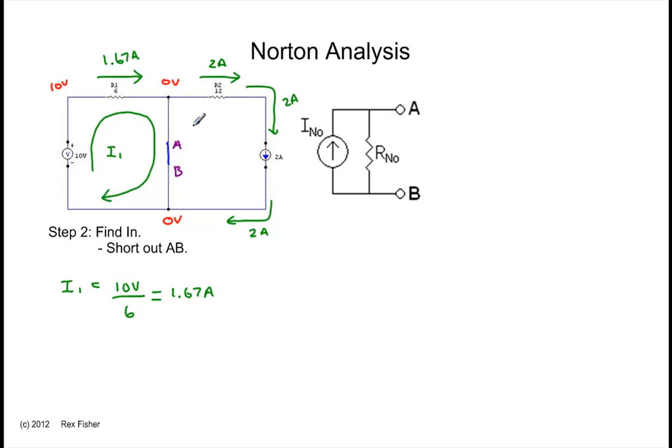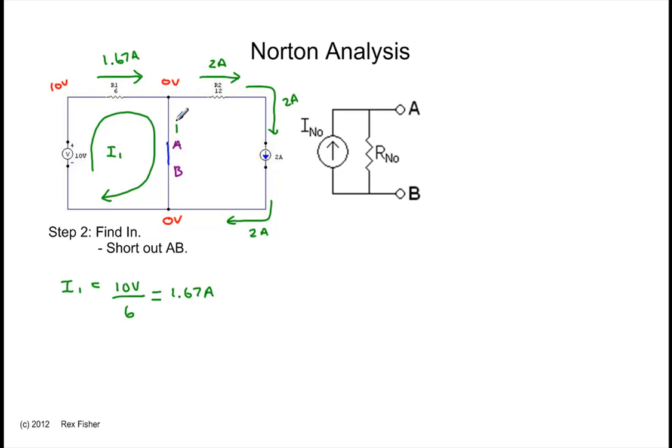Kirchhoff's current law says that all the currents entering and leaving this node need to be the same. So if we have 1.67 amps flowing in and 2 amps flowing out, we need to have another 0.33 amps flowing in to balance it out.